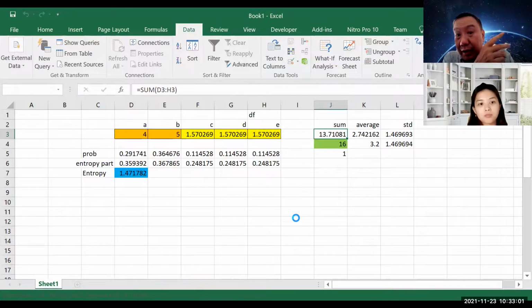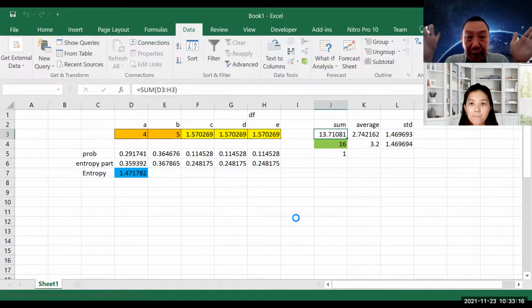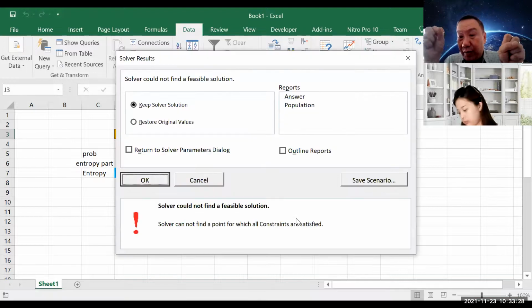The point is you can solve using maximum entropy. How to calculate the maximum entropy? You sum, and then you get the probability, and then you calculate the entropy, and then you use the solver to solve that.